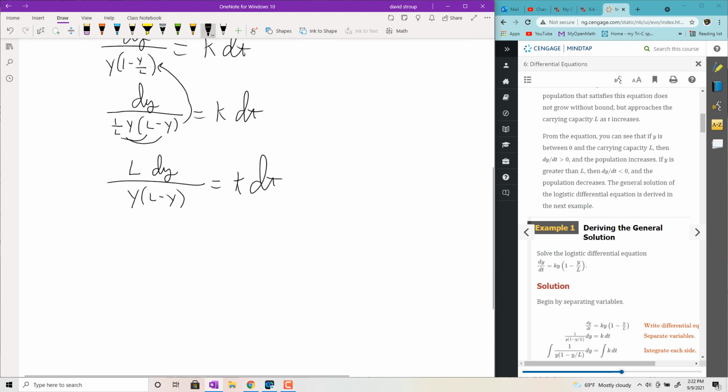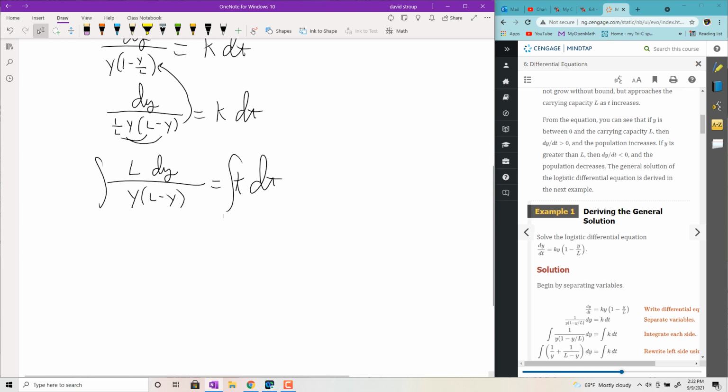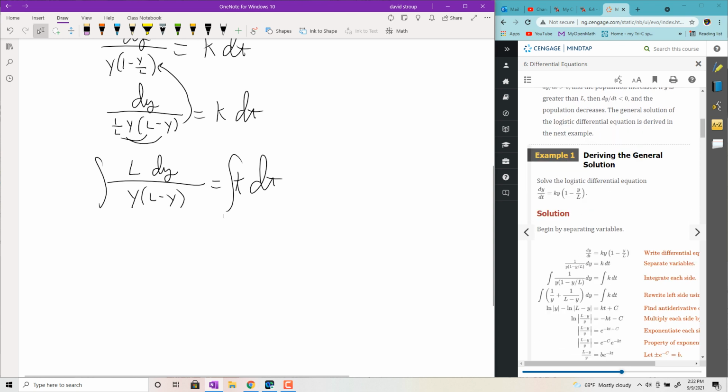Okay, then you want to integrate both sides, and here's where they do the magic of the partial fraction decomposition in the book. The long story short, you don't have to know how to do this right now, but it's just a way of breaking a fraction into two fractions over the factors in the denominator. Okay.